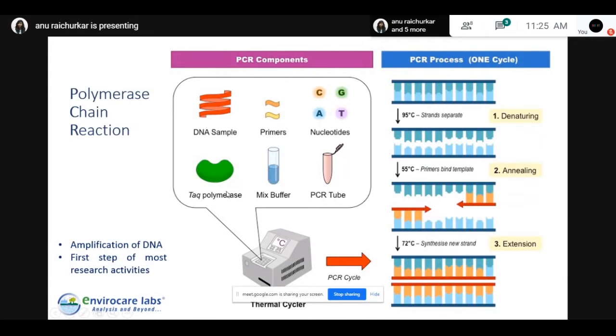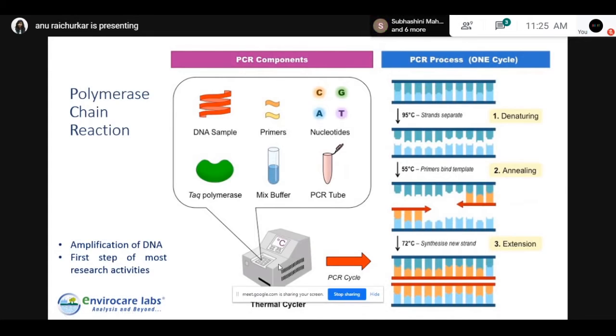And then there is something called Taq polymerase. What is Taq polymerase? It is a very important enzyme. The term Taq comes from Thermus aquaticus. This microorganism is able to sustain very high temperatures, which is precisely what we do in PCR. The entire concept of PCR in the thermal cycler works on the principle of temperature variations.